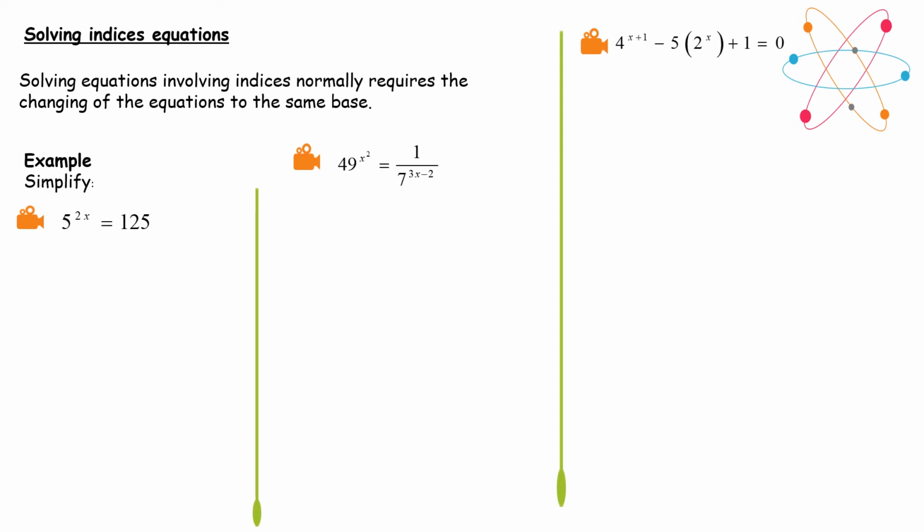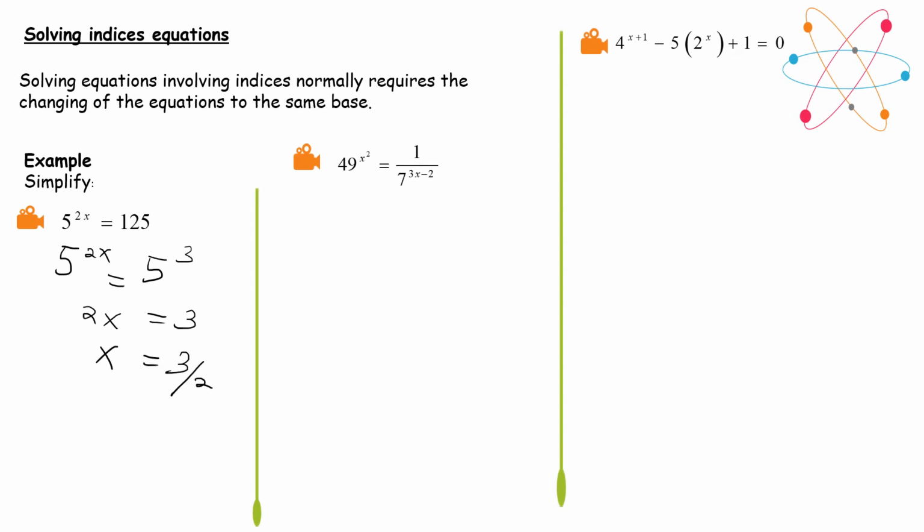The simplest base for this equation is number 5. 5 power of 2x equals 125, change to the base 5. 125 is 5 power of 3. Now, both sides have the same base. Then, compare the powers. 2x equals 3. So, x equals 3 over 2.